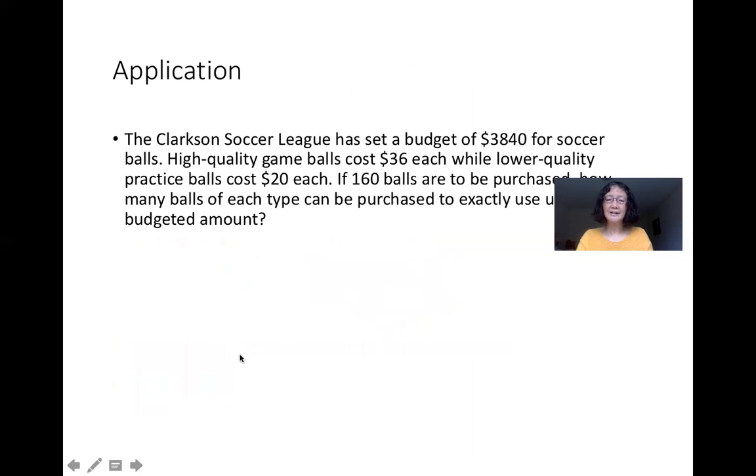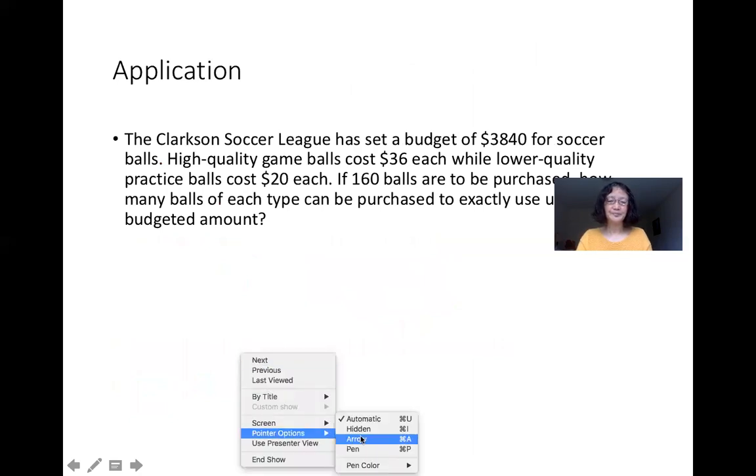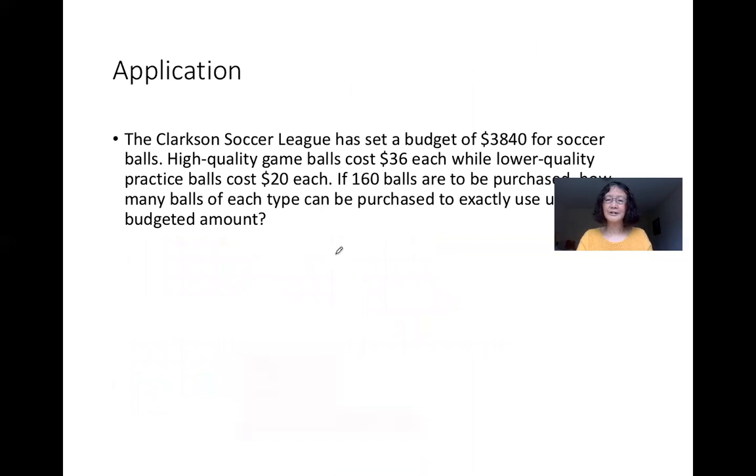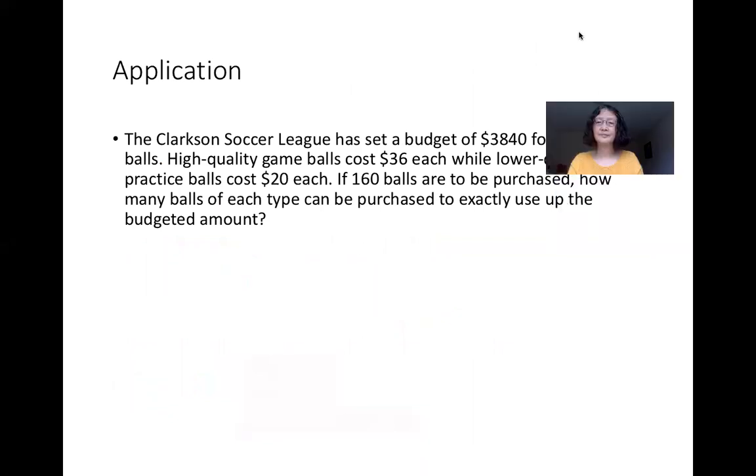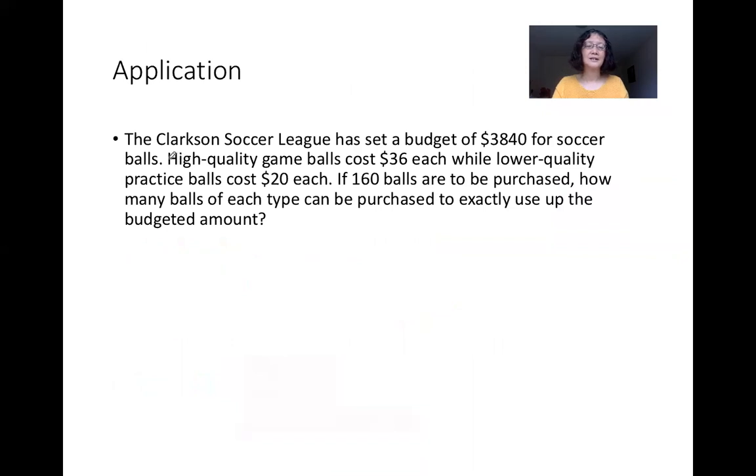So now let's look at an example of a system of linear equations with two variables. The Clarkson Soccer League has set a budget of $3,840 for soccer balls.